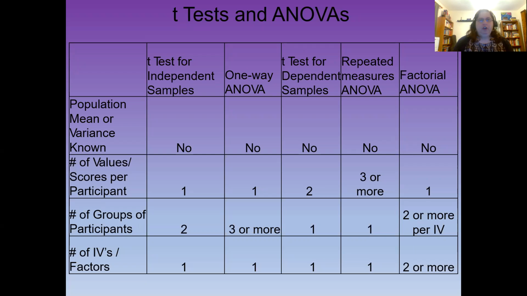Okay, so here is factorial ANOVA on the right side of this table, and the real take-home message here is the number of IVs, number of independent variables, or as they're called in ANOVA, factors. You can see that this is the only test we have covered to date where there are two or more IVs or factors.